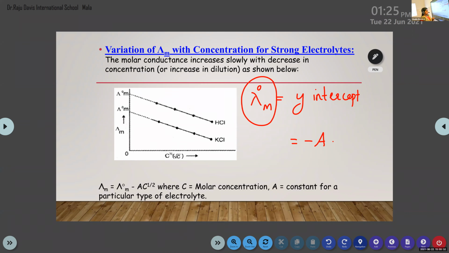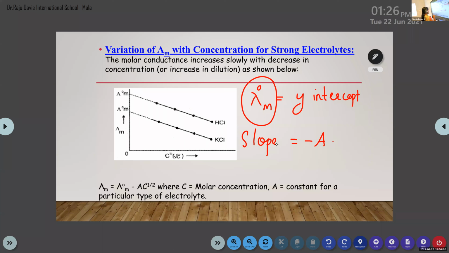Concentration and molar conductivity are plotted, and the limiting molar conductivity is obtained from the y-intercept. Then what about this minus a? Anyone? Nandana, can you tell me? Yeah, its slope is minus a.